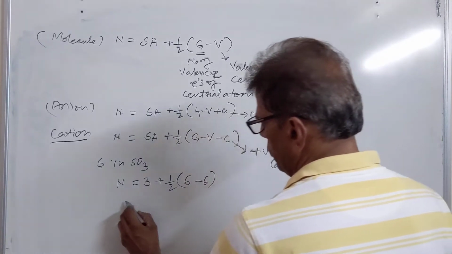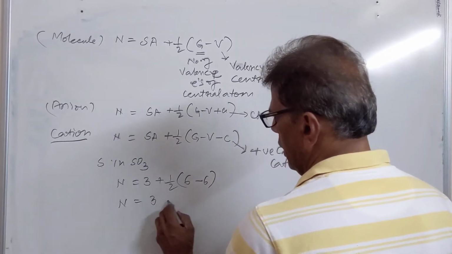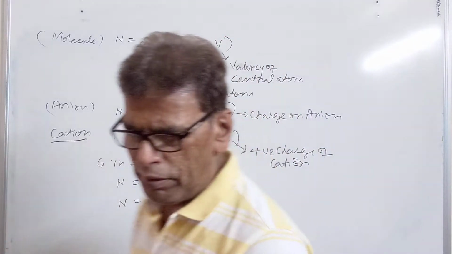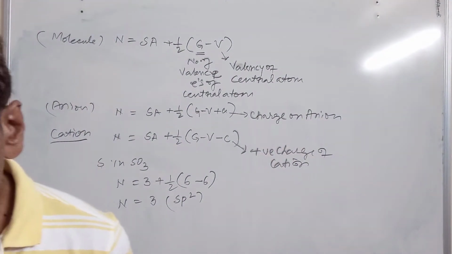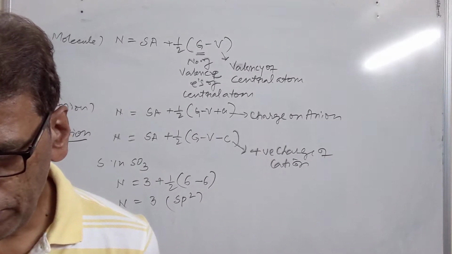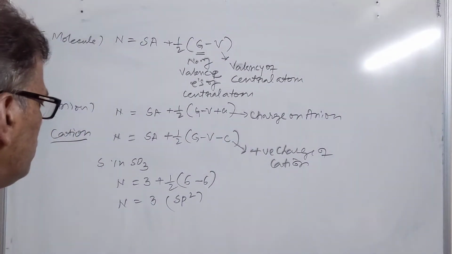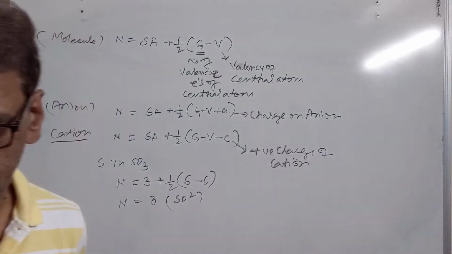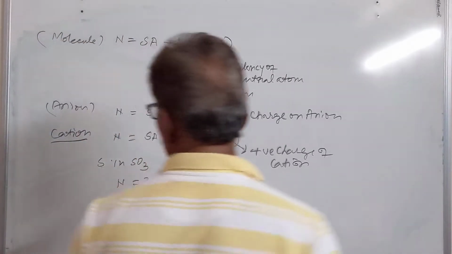So what will be the number of orbitals in this case? 3. It means it is present in the sp2 state. Then we have sulfur in the sulfate ion.